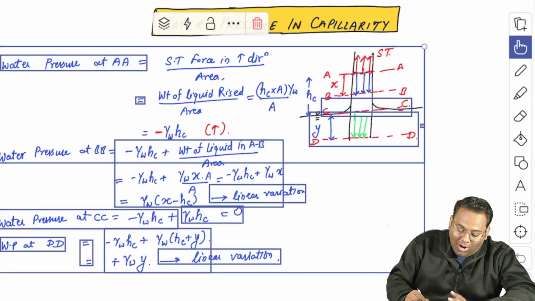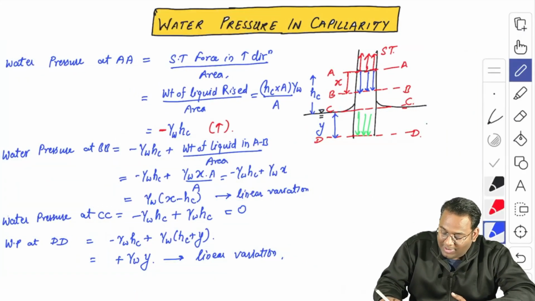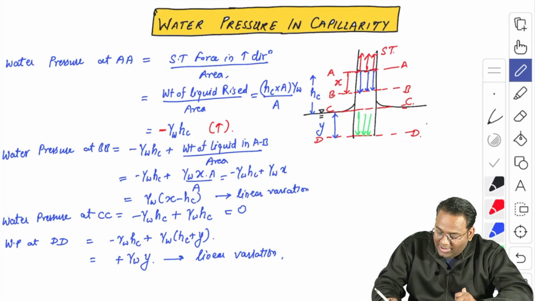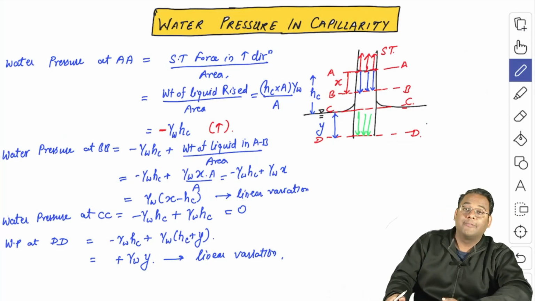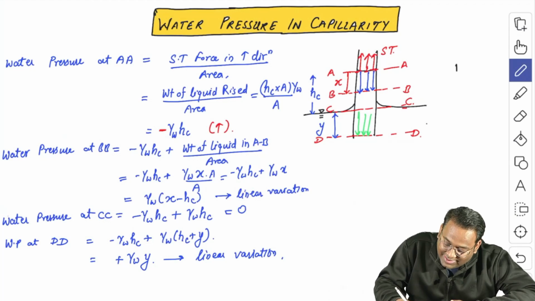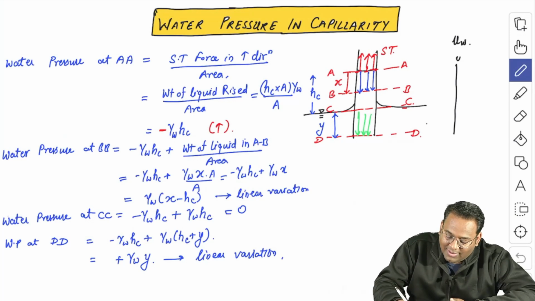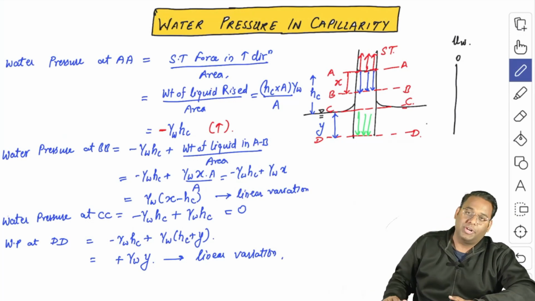So if I plot the variation of water pressure here, let me choose a different color, let us choose black. Water pressure is indicated by u_w, which you already know. Let us assume that this is the level of zero water pressure.